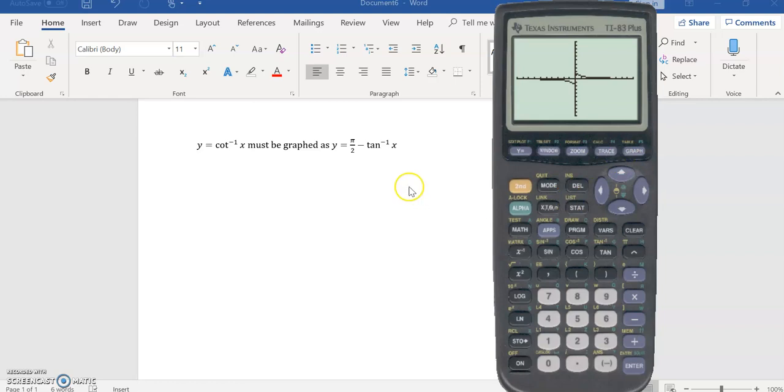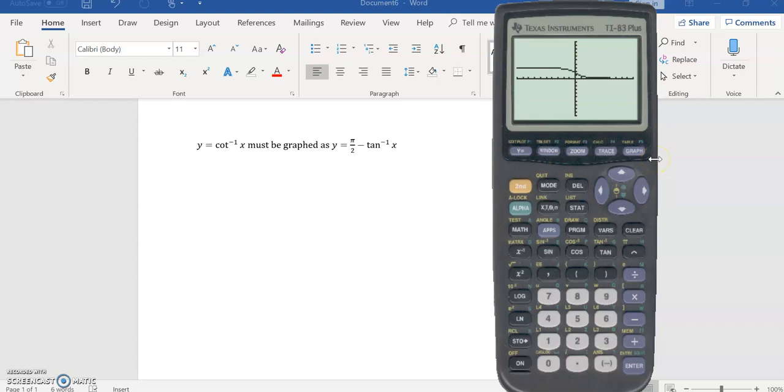So instead, we're going to put it in as a translation and a reflection of the arc tangent. I'm going to put this in as pi over 2 minus the arc tangent of x. And that's going to give you the graph that you see in your book.